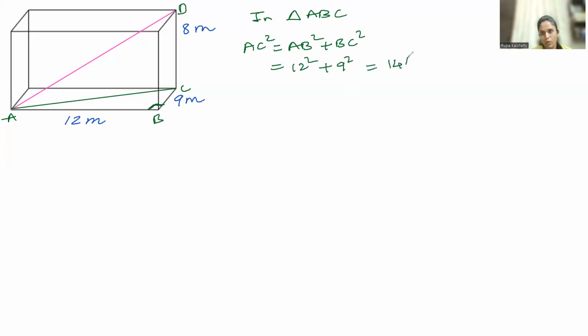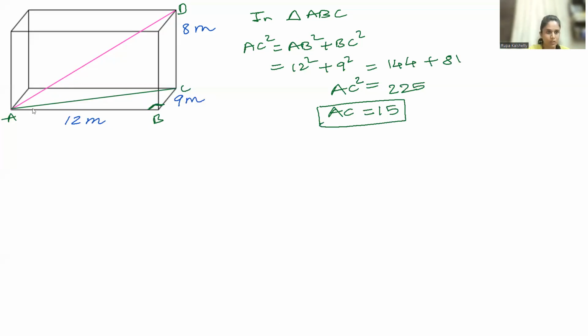So 144 plus 81, what does it give us? It gives us 225. So you know that AC square is 225. And to find AC, you take the root on both sides, which gives you 15. Correct? So you found the green side of the triangle. So we understood that this AC is going to be 15 meter.